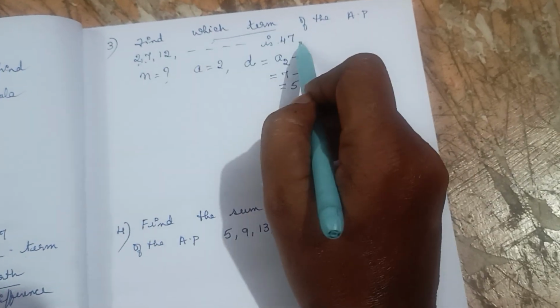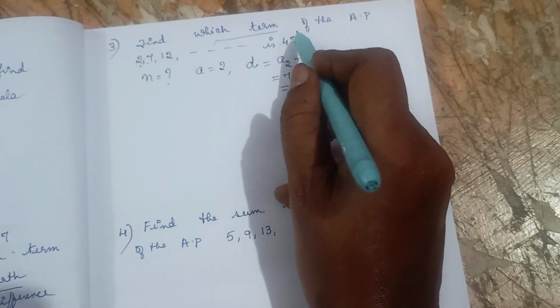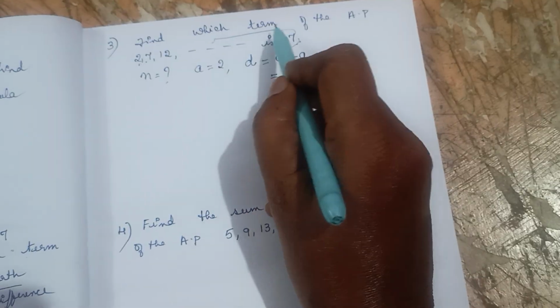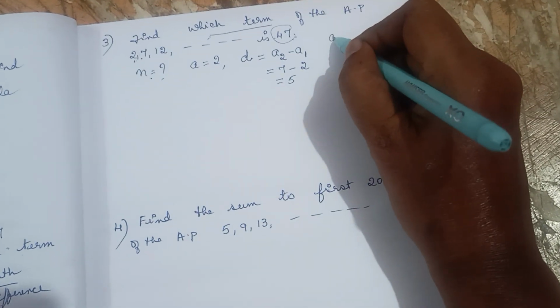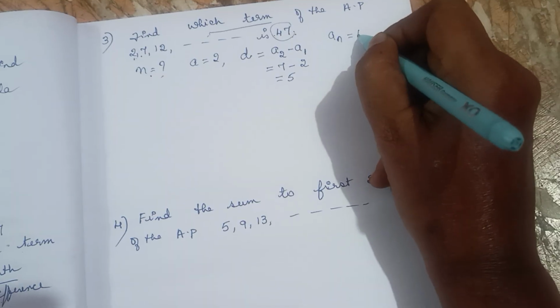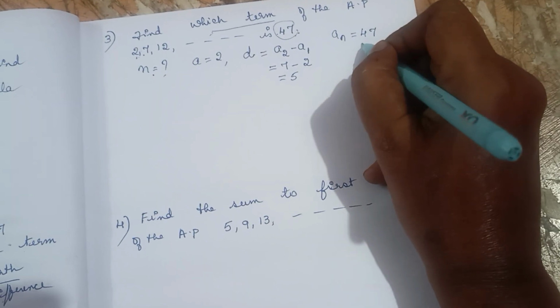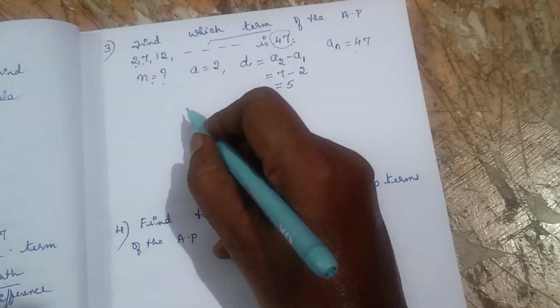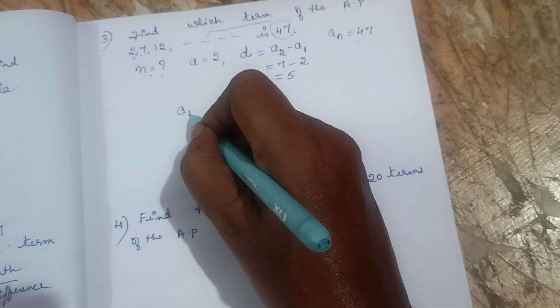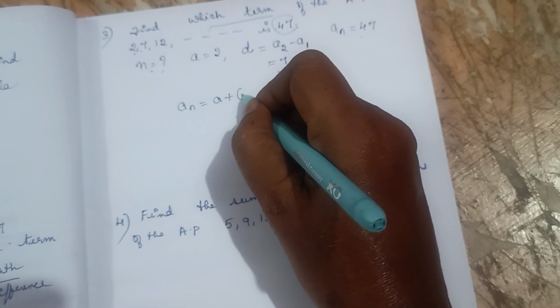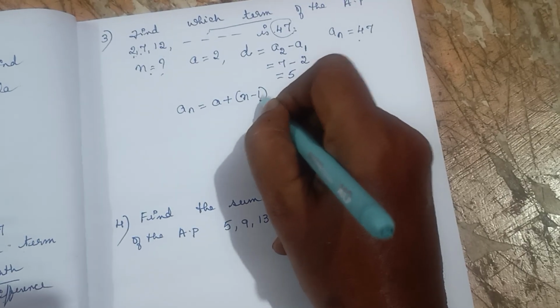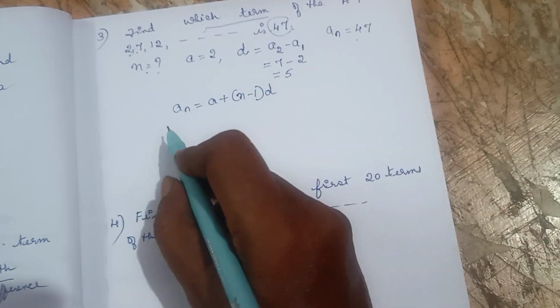Then what is this 47? n is what they have asked. So what is 47? We take it as an. We do not know which term this is, so we take it as an. So we go to the nth term formula: an is equal to a plus n minus 1 within the bracket into d.